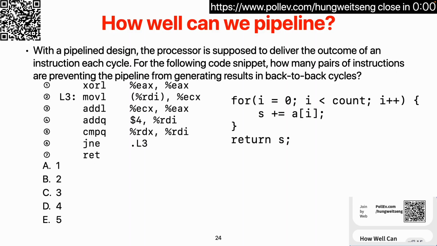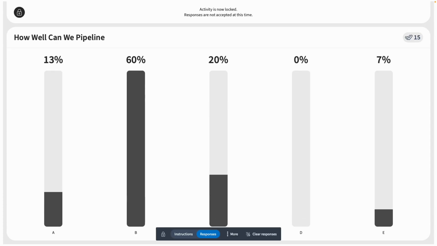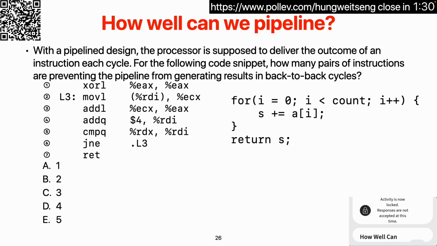All right, let's take a look. Most of you think the answer is B. So why don't we take a chance, because sometimes your answer may be different from others. So why don't we discuss with others? Oops, sorry. Go back.